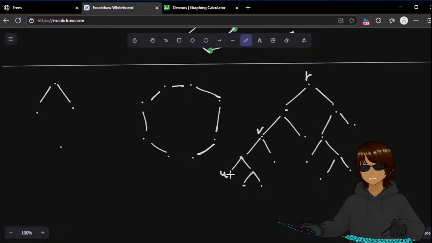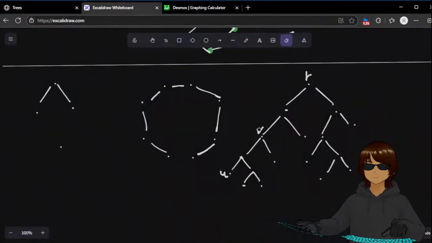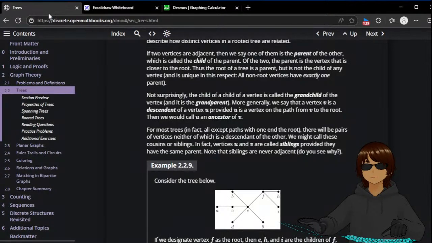Going from V to the root, U comes in between. Wait, no, I flipped it. It should be V here, U there. So going from V to the root, U is in the middle. So V is a descendant of U, and U is the ancestor of V.